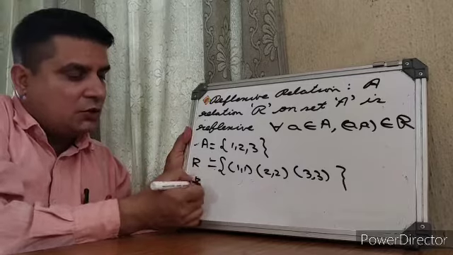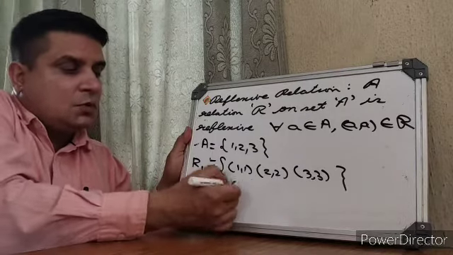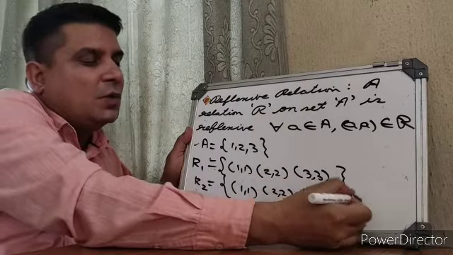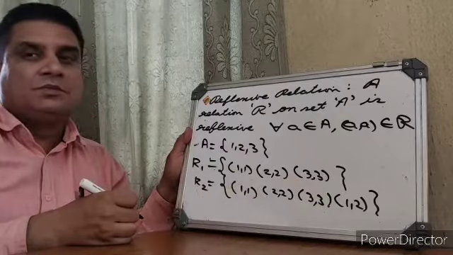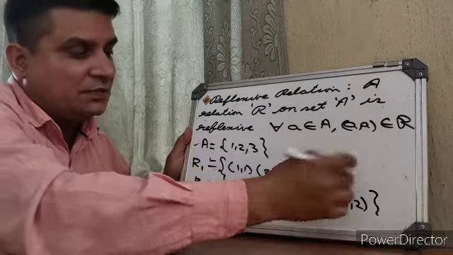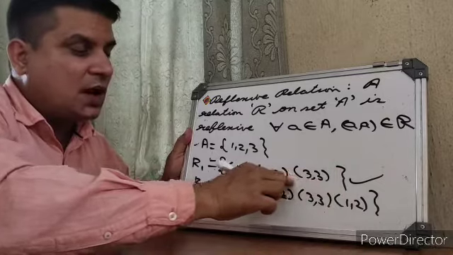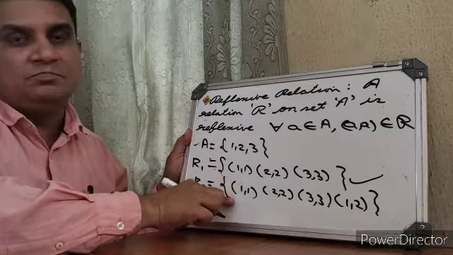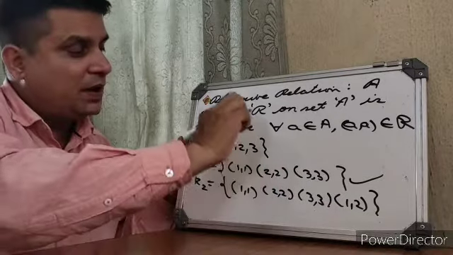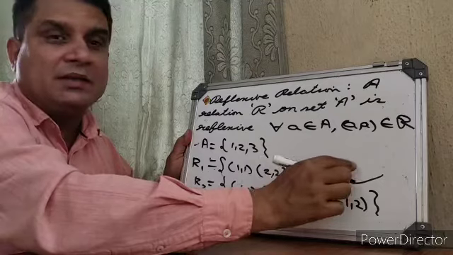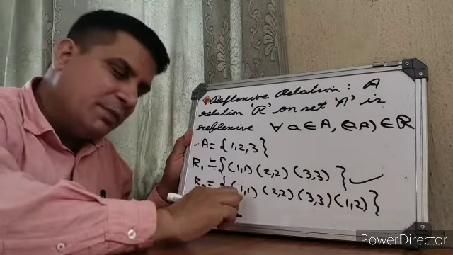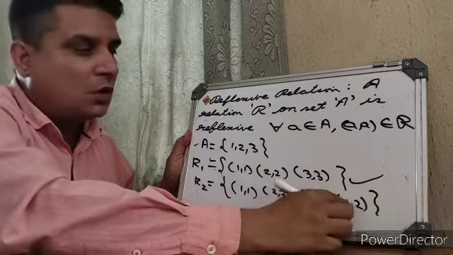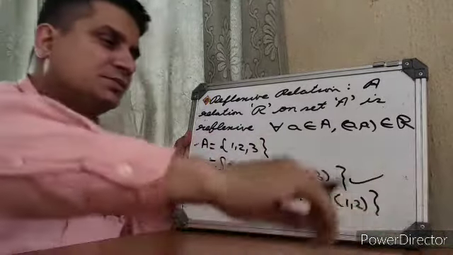Reflexive can be also like this: (1,1), (2,2), (3,3), and (1,2) can be also. Okay, so this one is both identity as well as reflexive, but this is only reflexive. So while explaining identity, what did I write in its definition? "Only", and here (1,1), (2,2), (3,3) must be there, and along with these there can be some other ordered pairs.